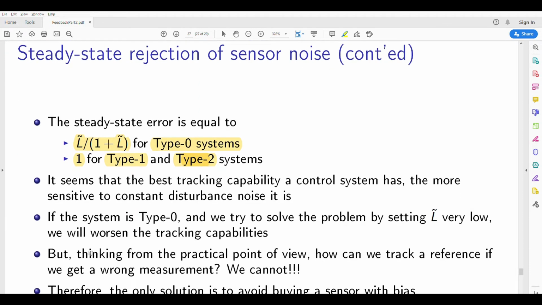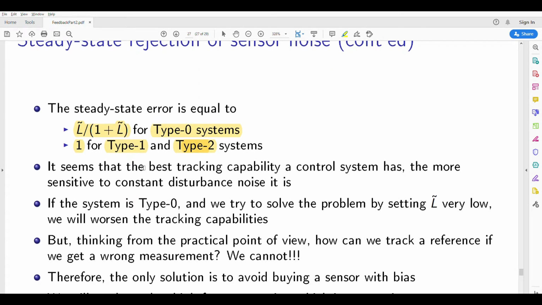Okay, so this is the behavior of the system with respect to the sensor noise when the noise is in the form of a step function. For type 0 systems, we have L tilde over 1 plus L tilde. For type 1, type 2 and higher type systems, the steady state error is equal to 1 indeed.